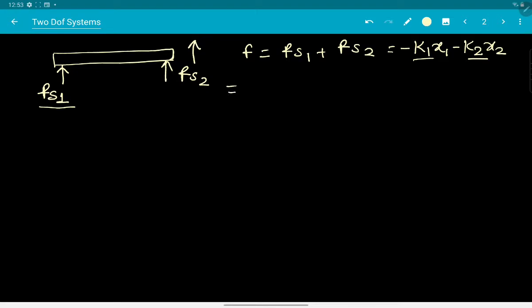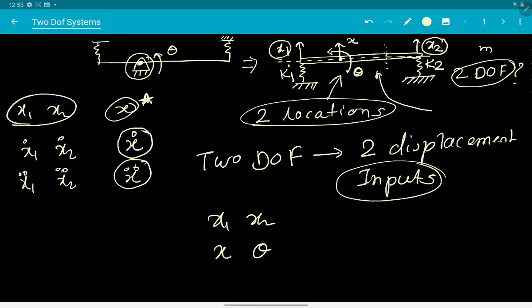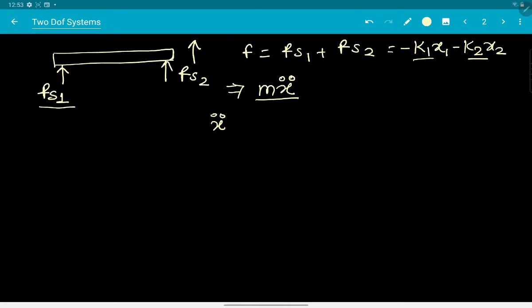Therefore, if mx double dot is the inertial force, where x double dot is the acceleration measured at cg, this is cg, then obviously the total translational force is unbalanced, so that should give rise to this much acceleration of the cg in the translational direction.